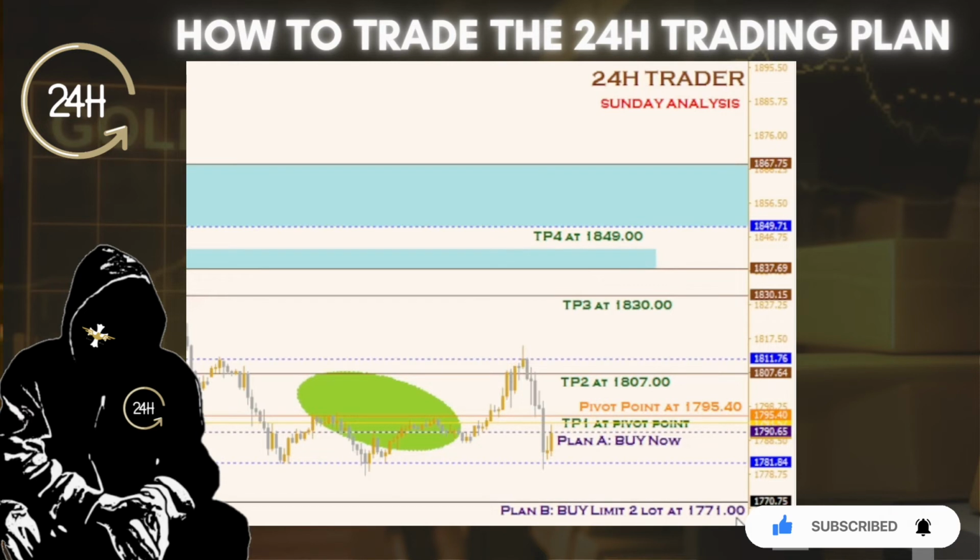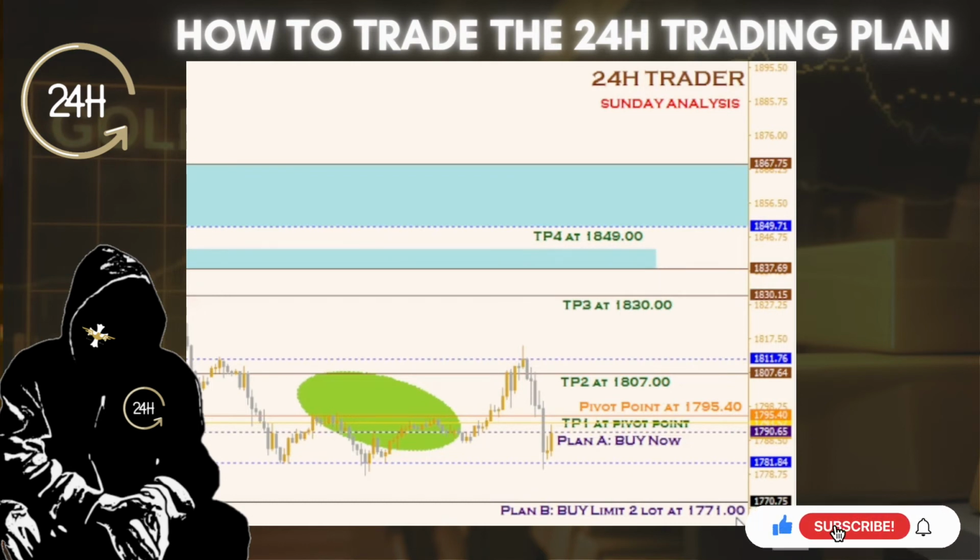On my $10,000 account, I will start with one lot for plan A and double the lot for the mitigation plan B, plan C, and plan D. So you can adjust your lot size.